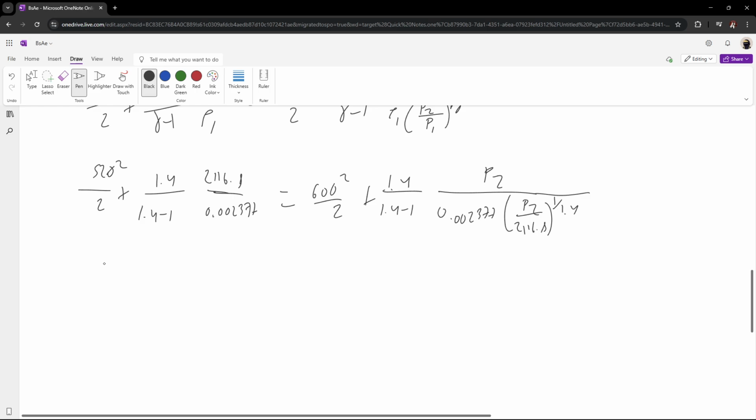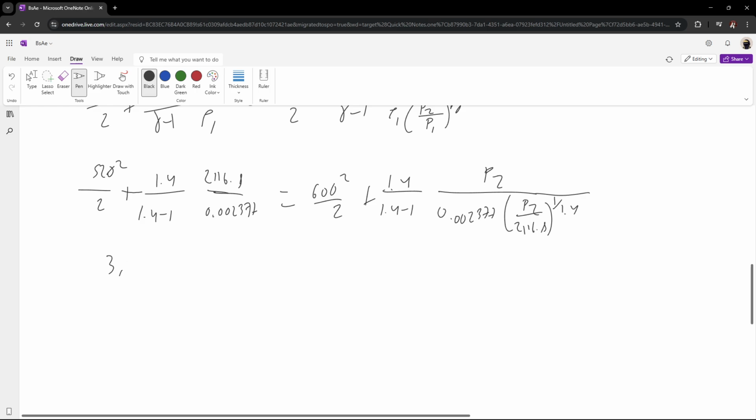Now calculating: 520 squared over 2 plus 1.4 over 1.4 minus 1 times 2116.8 over 0.002377. This is plus, not times.